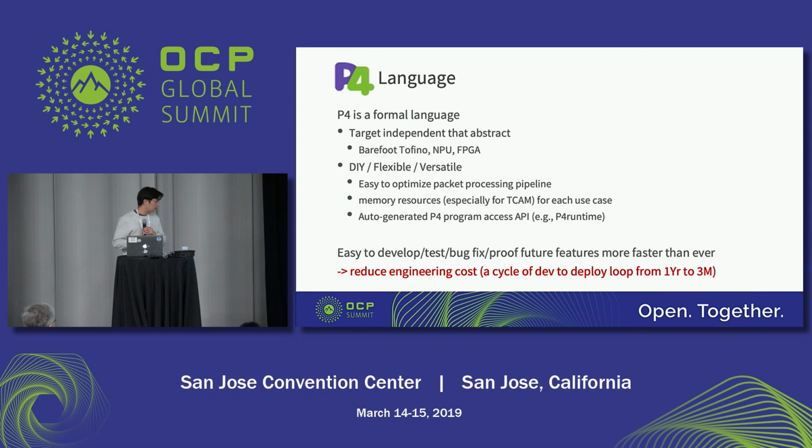And most of all, the benefit to us is that it is easy to develop, test, bug fix, and prove future features faster than ever. So in this NPB project, we can reduce much engineering cost, because we can reduce the development-to-deploy cycle from 1 year to 3 months from scratch.